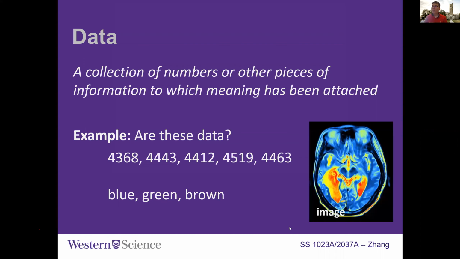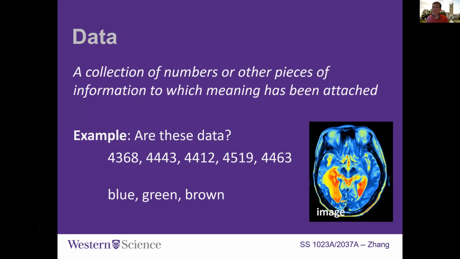To determine whether it's data or not, you just want to make sure whether it contains information or not. So basically this image can tell us information. And whether it is numbers or not doesn't matter, because we can transform this image into numbers if we want.